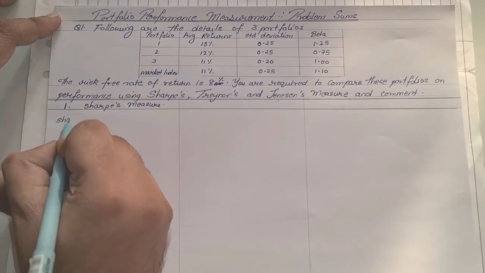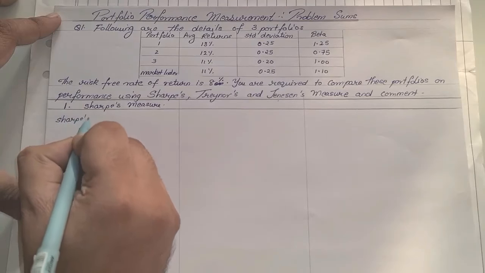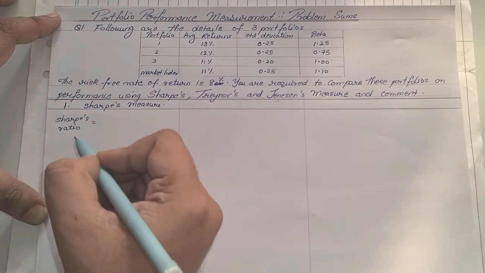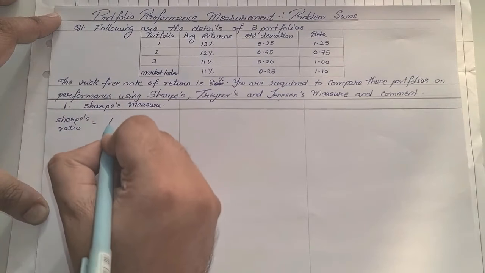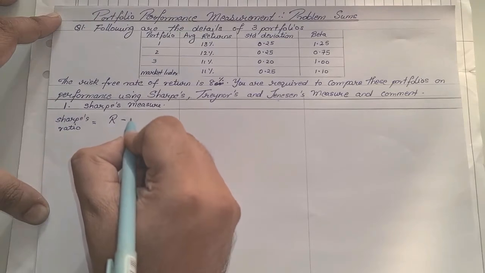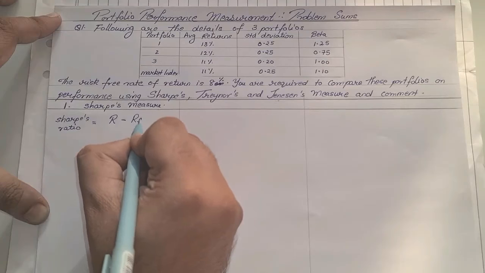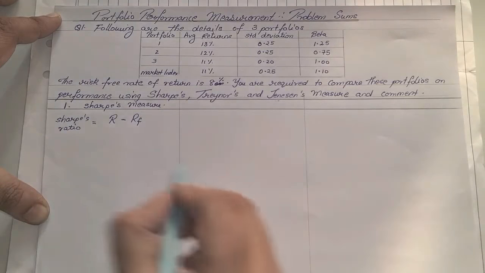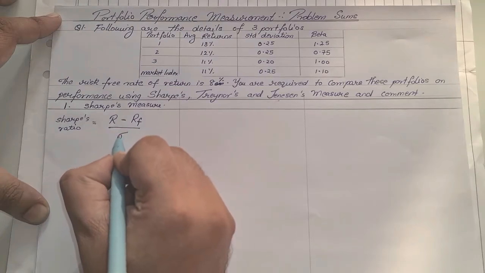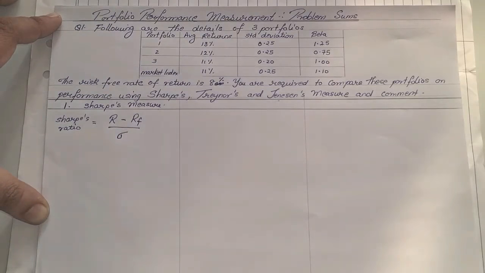I'll write here that Sharpe's ratio or measure is equal to R, that is average return, minus RF, that is risk-free return, upon standard deviation. Very simple formula. Average return, that is R, minus RF, risk-free return, upon standard deviation.